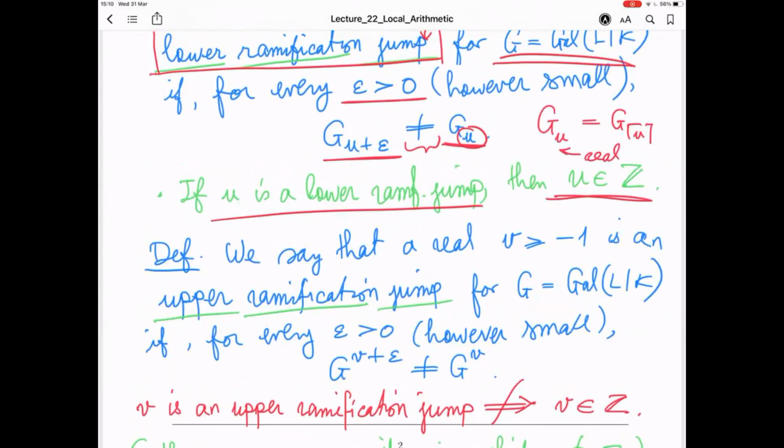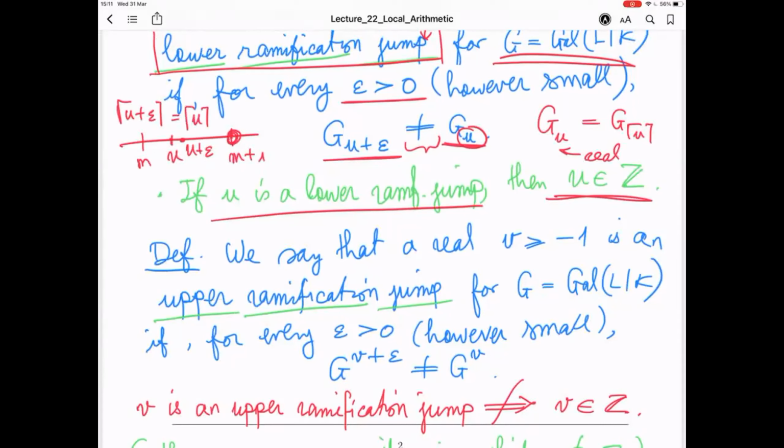So if your u is between m and m plus 1, then for sufficiently small epsilon, the ceiling of u plus epsilon is going to be equal to the ceiling of u, right?